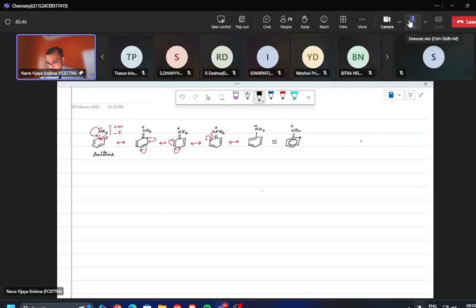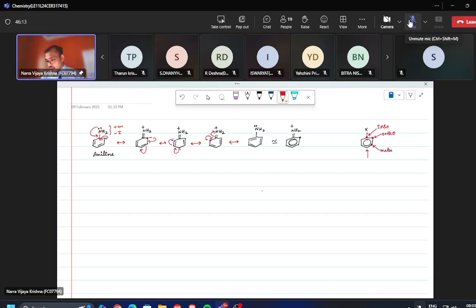If we have any substituent over benzene, what do we call these positions? What are the names of those positions? This position is called ipso. This is called ortho. This is called meta.